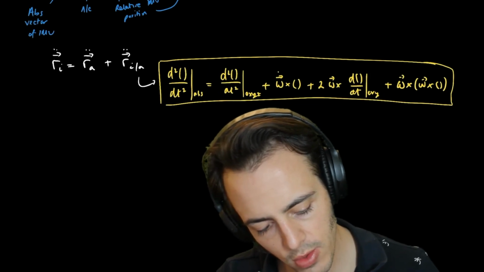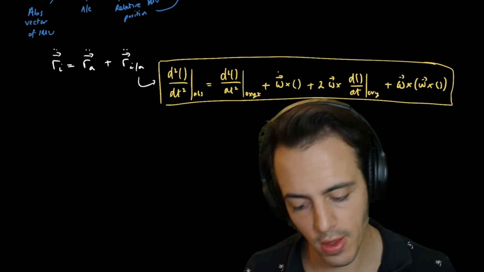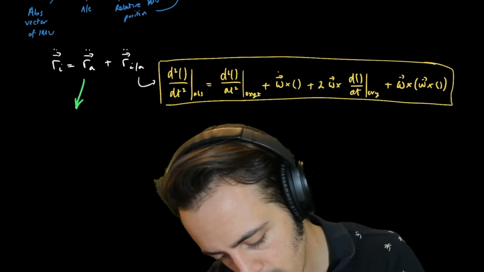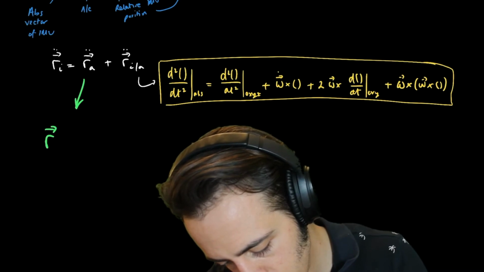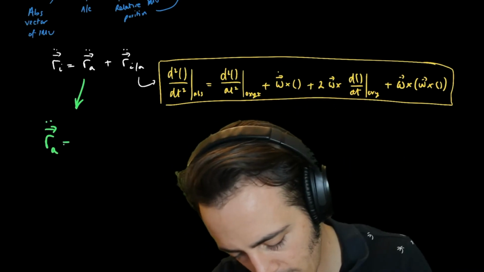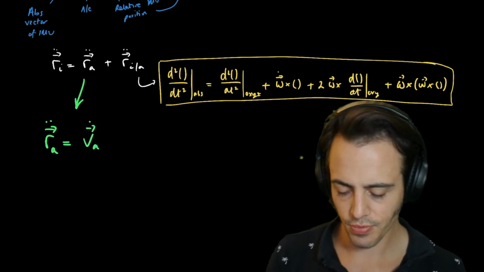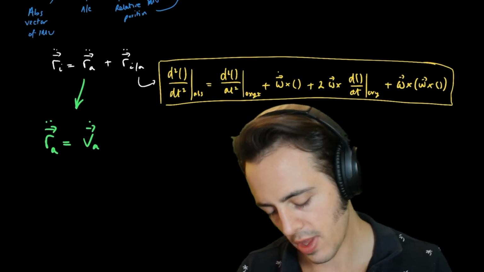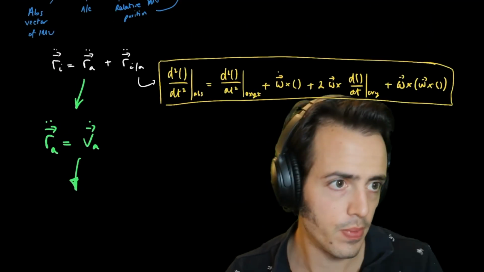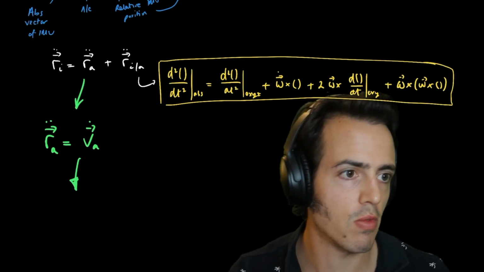Because we've got two time derivatives here, we could use the Coriolis identity twice, or we could recognize that the second time derivative of position of the aircraft is equal to the first time derivative of velocity of the aircraft. So we can use the first order Coriolis identity to get this for us. Or we should actually, we've got this in previous questions before, so I'm just going to write this down.